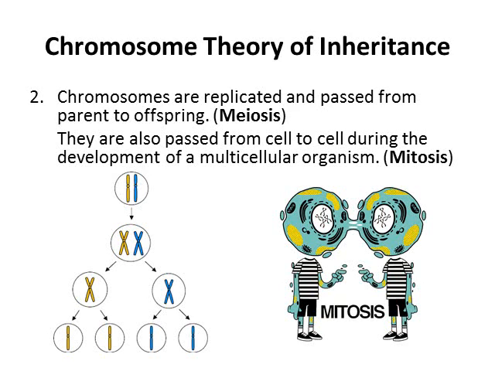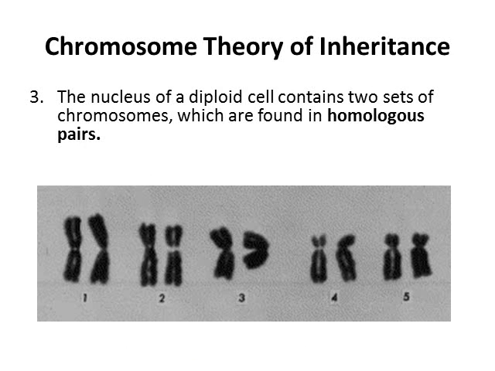And this is growth and development of an organism, so this will be mitosis. So we know that these chromosomes are split up, pulled apart, and passed on to daughter cells, either during mitosis or meiosis.